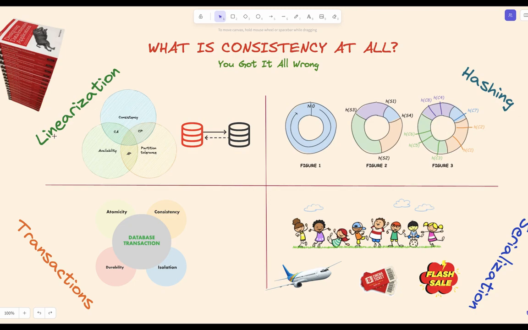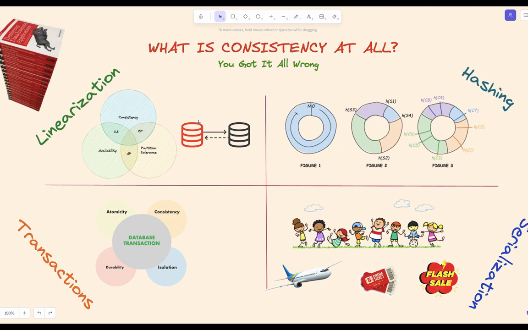Now, let me take an example. Let's say we have this database that has two replicas. The writes always happen on the orange replica, whereas reads can happen on any of the replicas, the orange one or the black one.